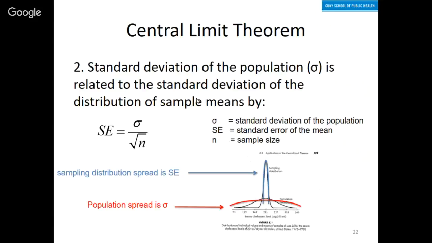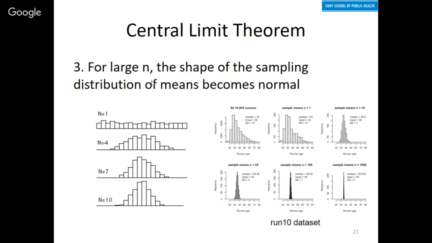Yes? Is it only for normal distribution or any distribution? Sorry? It's only for the normal distribution. Good question. Is it only for the normal distribution? No. As long as you have a large sample size, and that's our third one, for large n, the shape of the sampling distribution of means becomes normal.